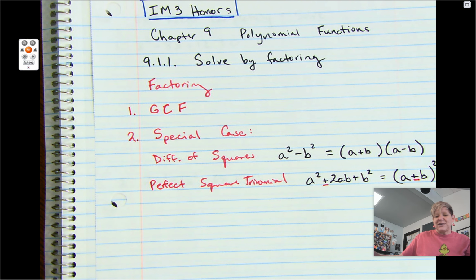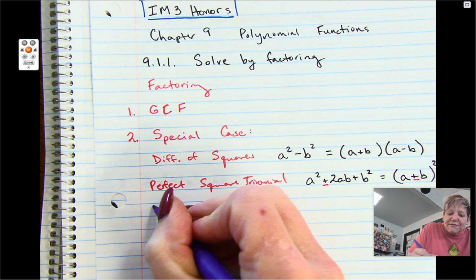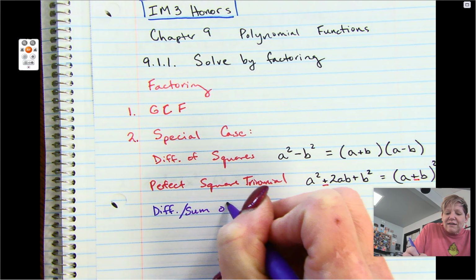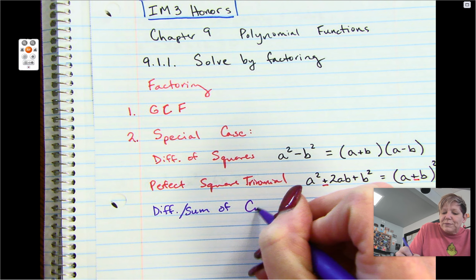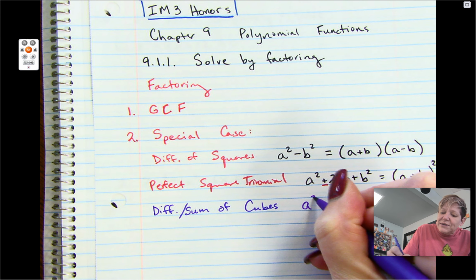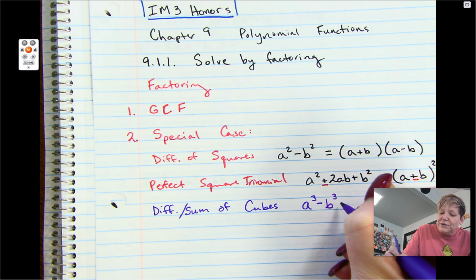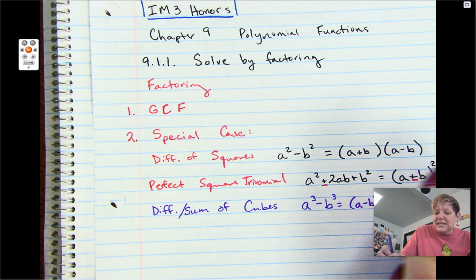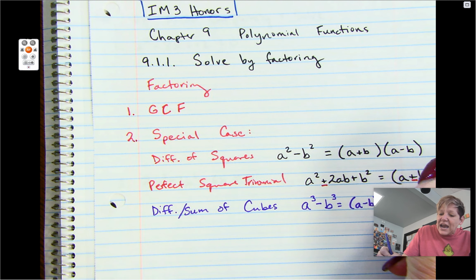The next special case involves perfect cubes. So it can be a difference or a sum of perfect cubes. And so we'll start with difference. A cubed minus b cubed will factor to be a minus b times the quantity a squared plus ab plus b squared.